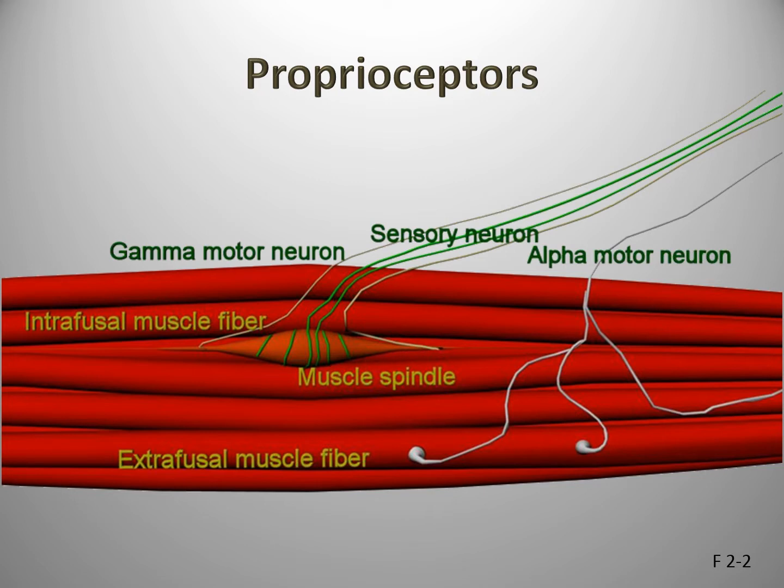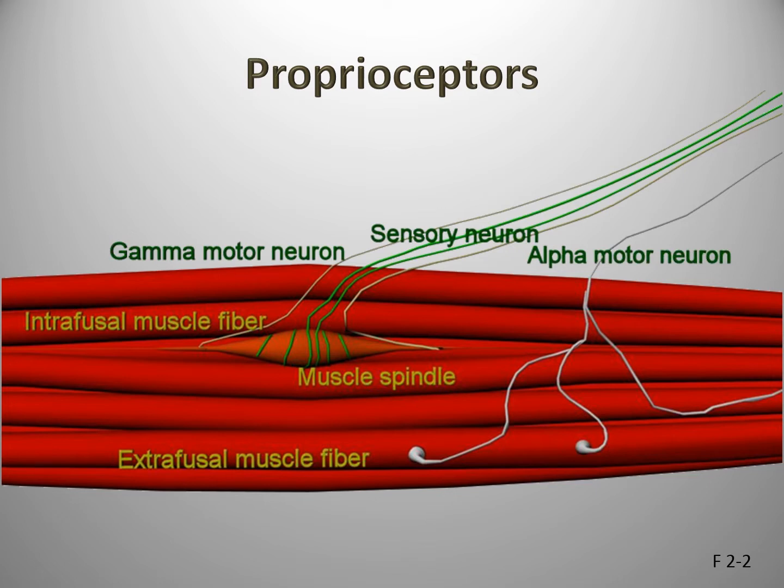Okay? These receptors are tapered at both ends. Therefore, it has a fusiform shape. This shape gives the name to the different muscle fibers.